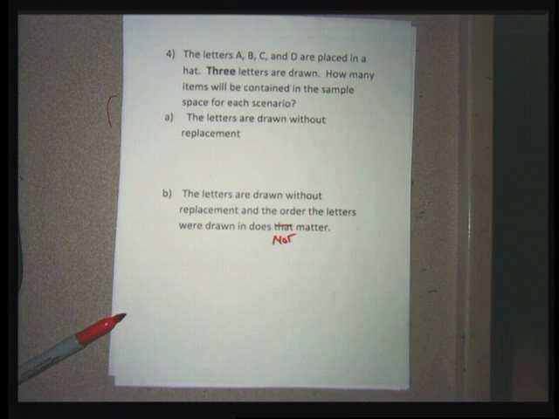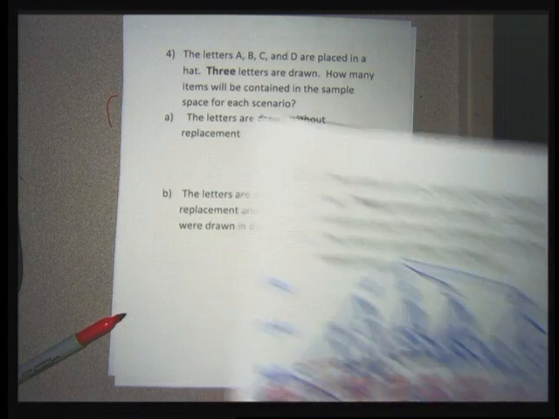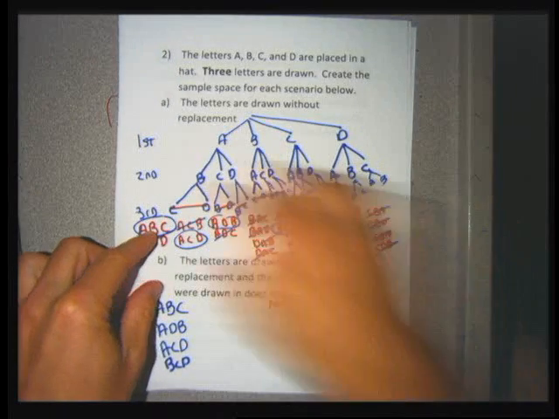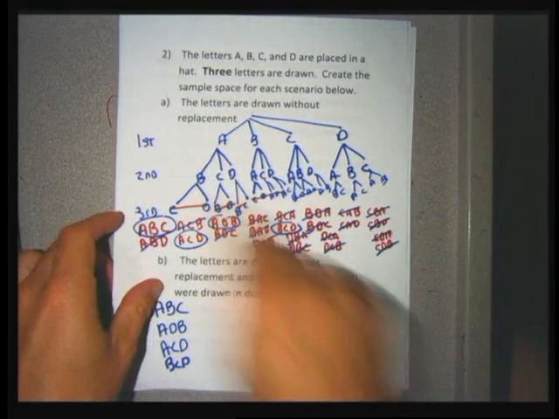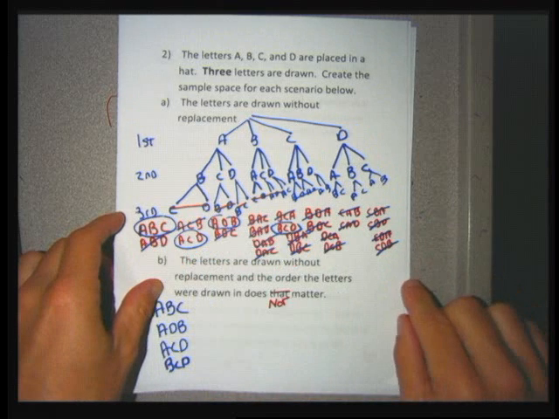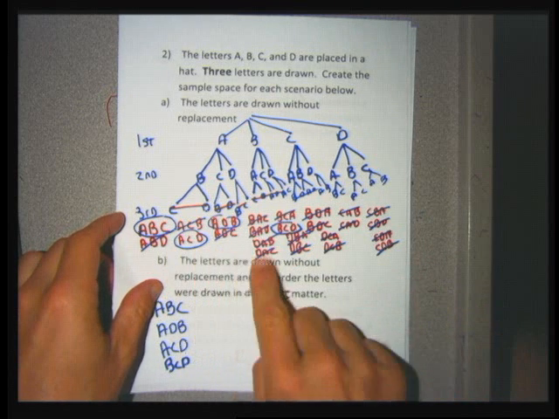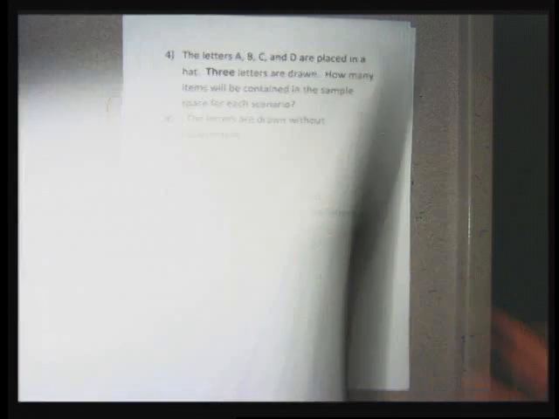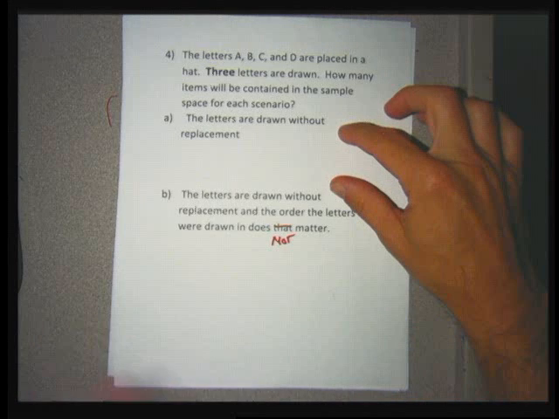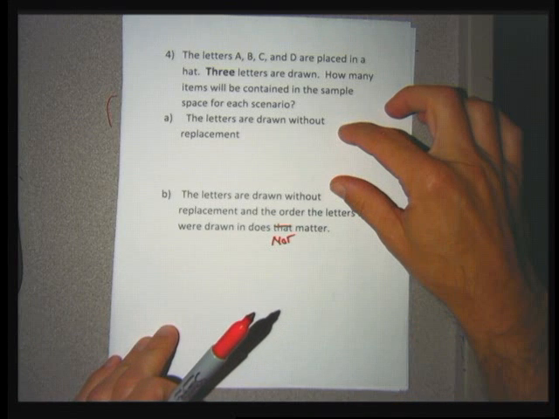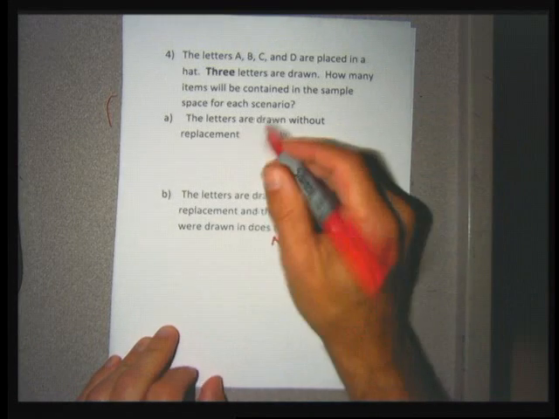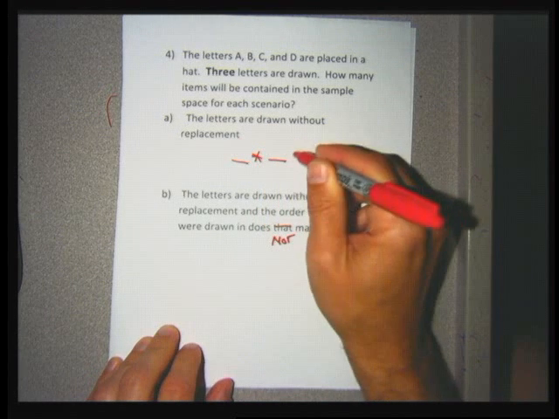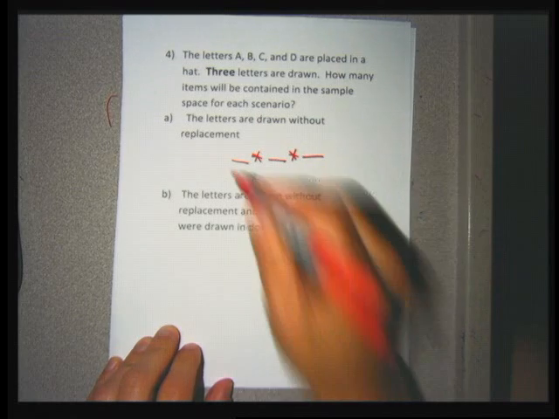So problem 2 and problem 4 are the same problem, other than problem 4 asks me how many, problem 2 wants the sample space. If I count the sample space that I created in problem 2, there's 2, 4, 6, 10, 14, 18, 20. There's 24 items. The answer to this question of how many ways are there to make 3 letters if order is important, even though it doesn't say that, and I'm not replacing the letters, the answer is 24.